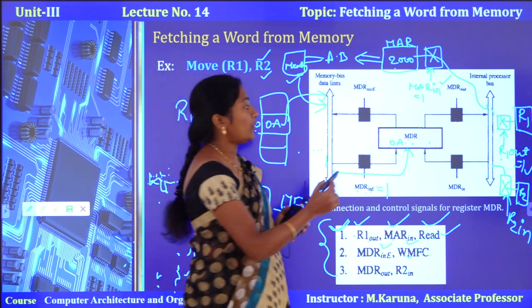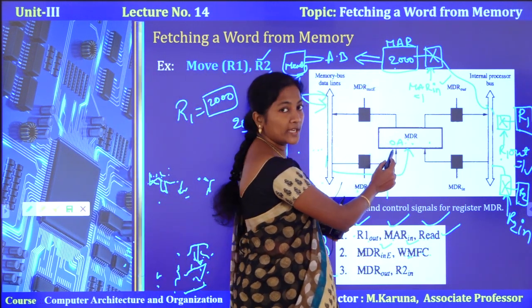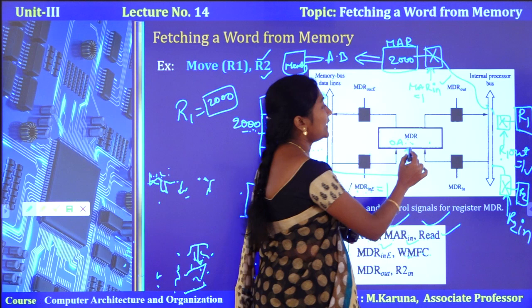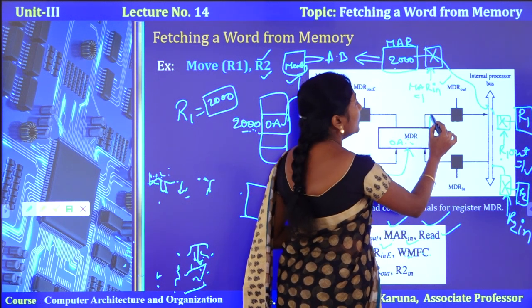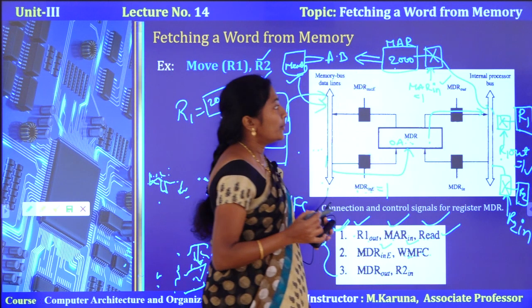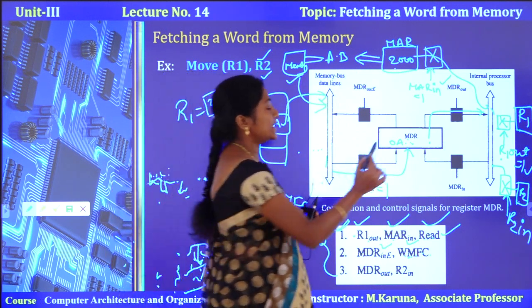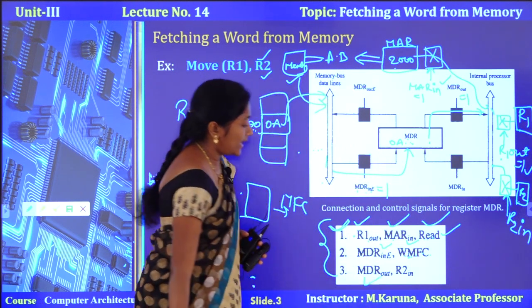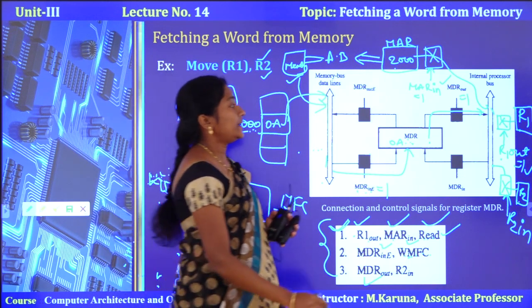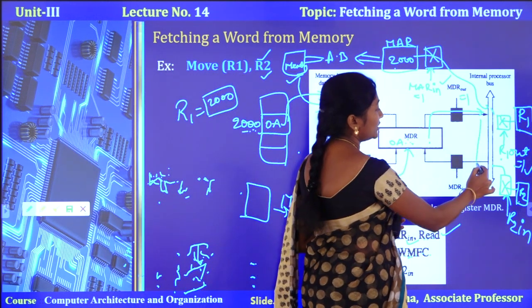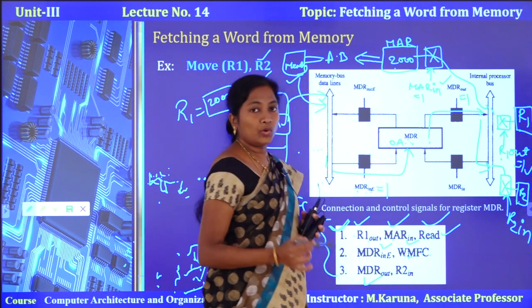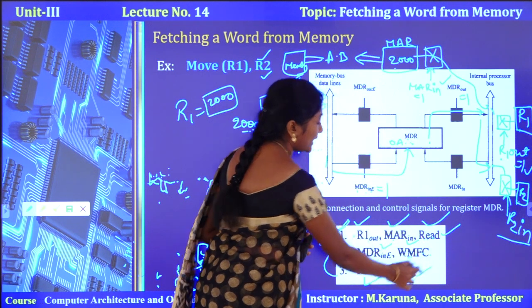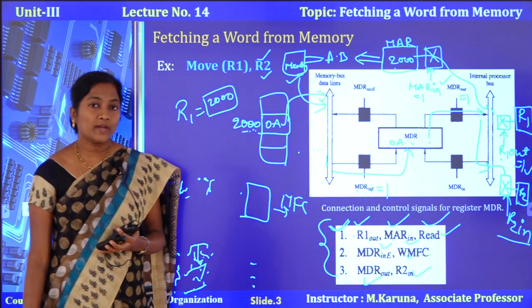Whatever data is fetched from the memory location is available in the MDR register, so that should be transferred to the internal processor bus by enabling MDR out equal to 1. That is the control signal MDR out. Later that data will be transferred to the R2 register by making the R2 in signal equal to 1.